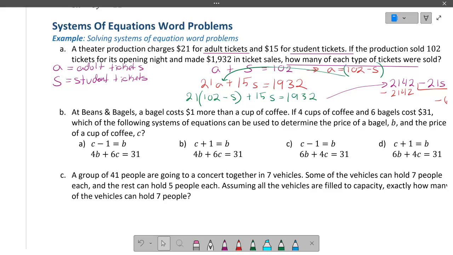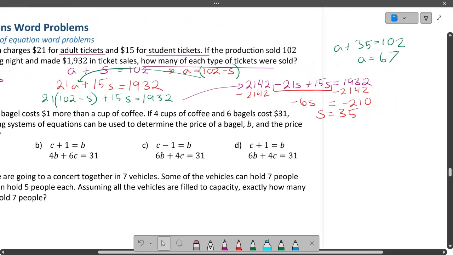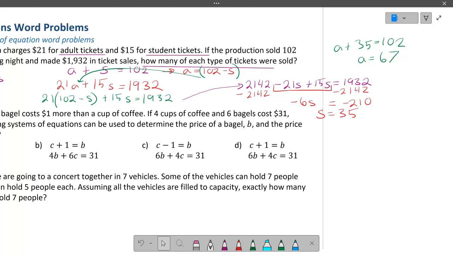Because I guarantee on a multiple choice question, one of the answer options will say 35 students and 67 adults, and another answer option will say 67 students and 35 adults. They'll switch it, okay? So if you're using just X and Y, make sure you know X represents this thing, Y represents this thing, so that when you're trying to pick out your answer options, you're assigning the right quantity to the correct value.